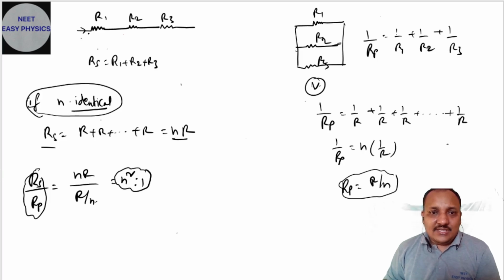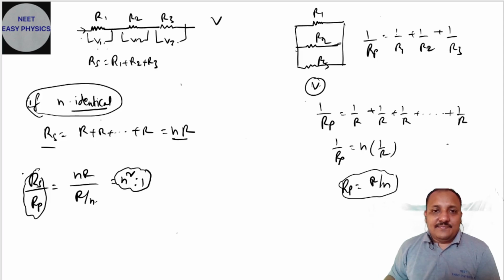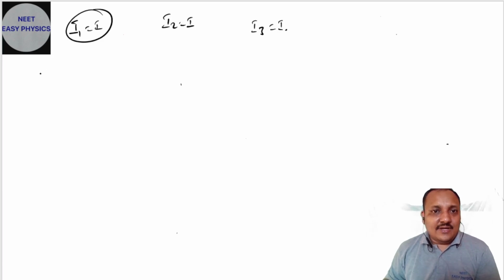Next, what is the voltage across each resistor? They will ask V1, V2, V3, if the applied voltage is V. So for this, what is same? We said current is same. So current is same means I1 is equal to I2 is equal to I3 is equal to I. What is I1?